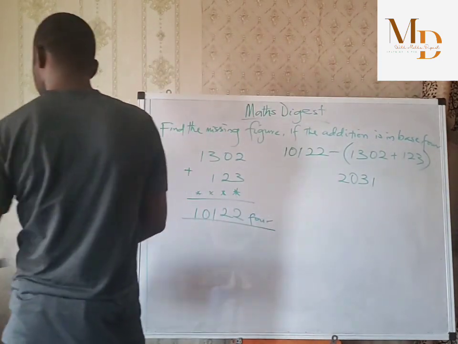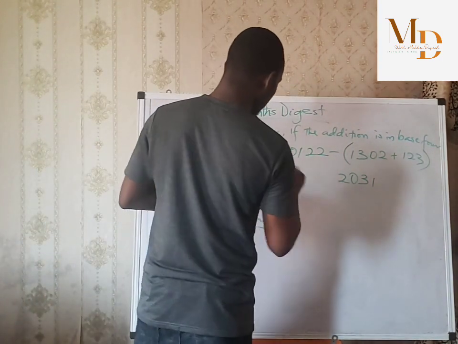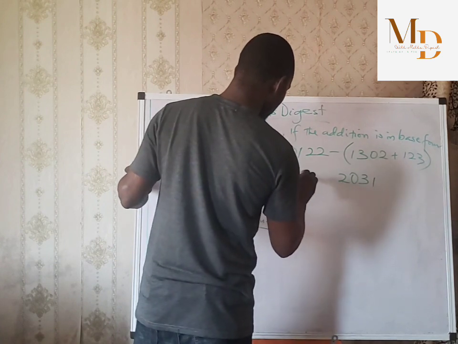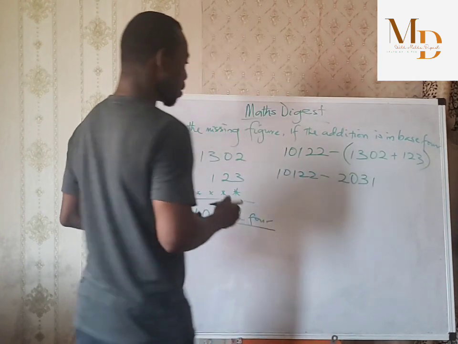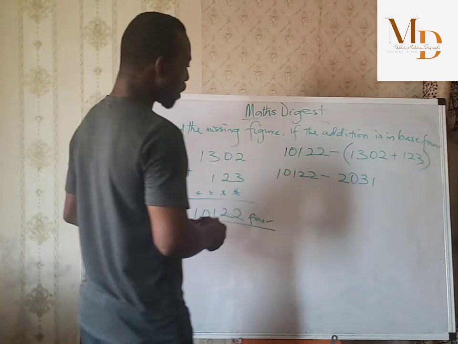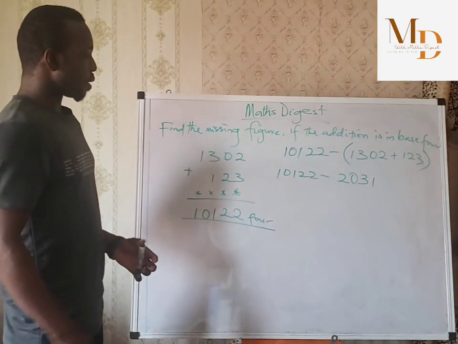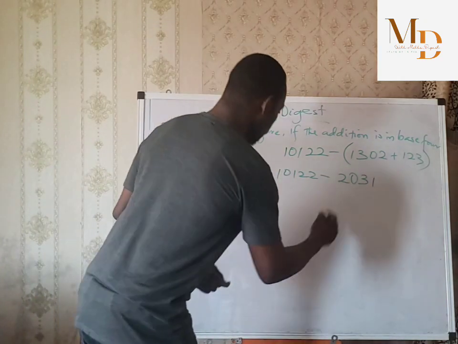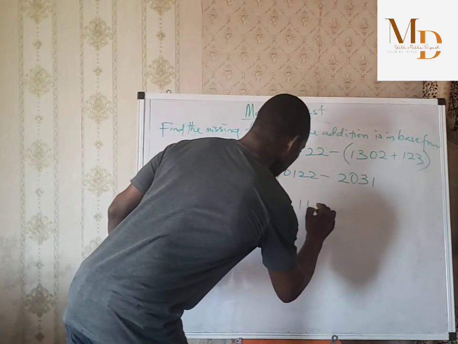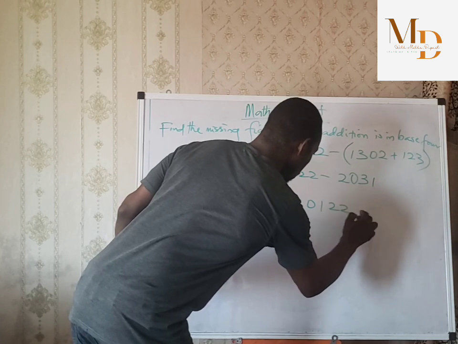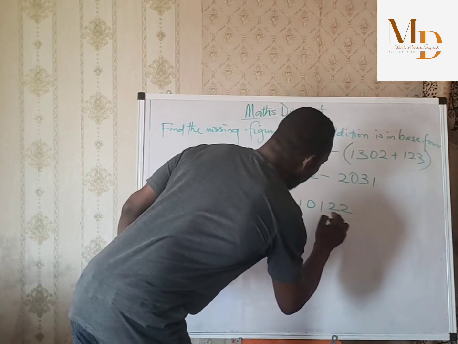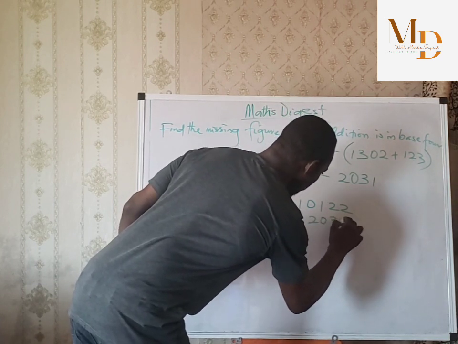Now what this means is we're going to work with this. We say 1 0 1 2 2 minus this. If you remember how we did the subtraction side, let's write it like this: 1 0 1 2 2, then 2 0 3 1.